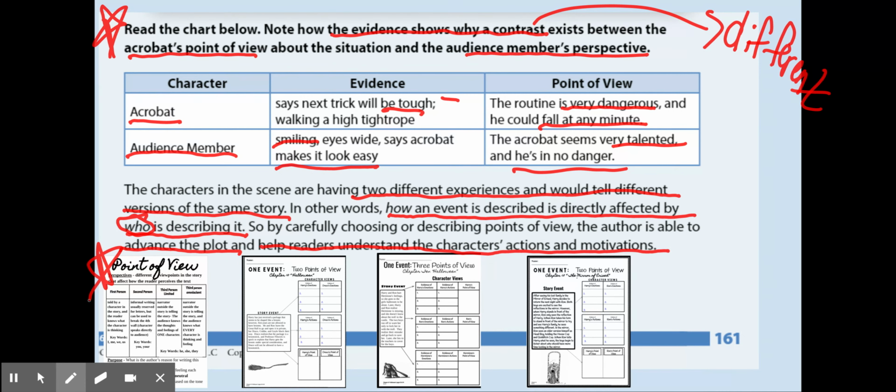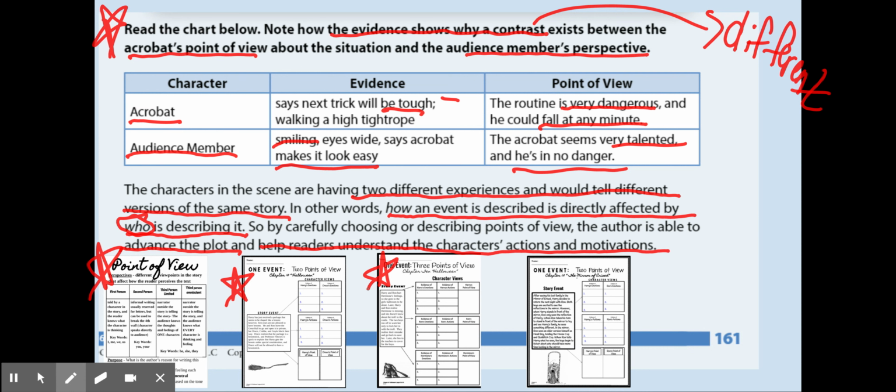Then we have our practice event that we did as a class on chapter 10 from the beginning of Halloween on Harry and Draco. And then we've got what we did for chapter 10, the end of it, for Harry, Ron, and Hermione, because all three of them have very different points of view for that same event, the troll getting locked in the bathroom.